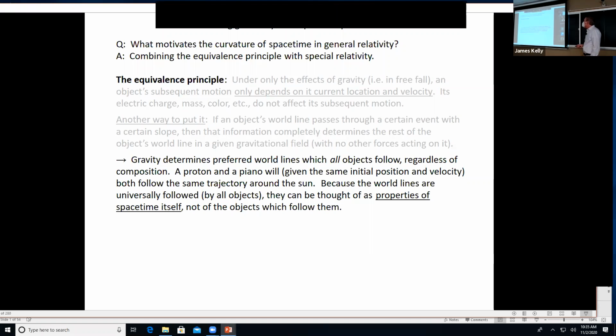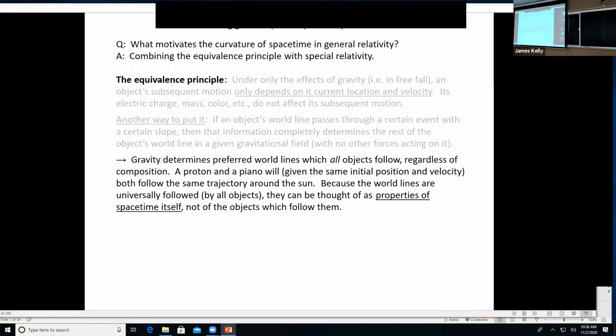And because it doesn't depend on anything about what it is that's following it, it seems sensible, and this is Einstein's great insight, that that's not really a property of the object so much as it is a property of space-time itself. In other words, the piano and the proton that are both orbiting Earth are both doing the most natural thing possible, because it doesn't depend what you put there, it's going to go in the same way.